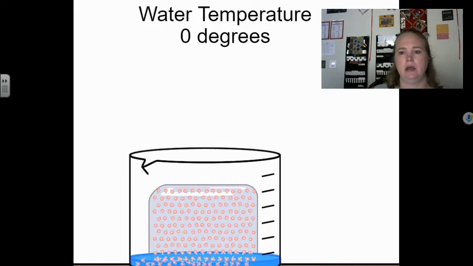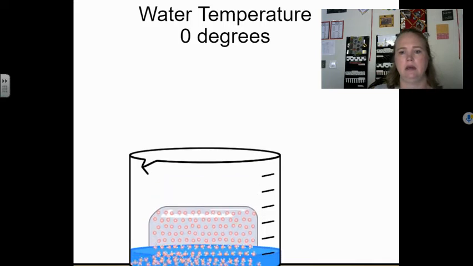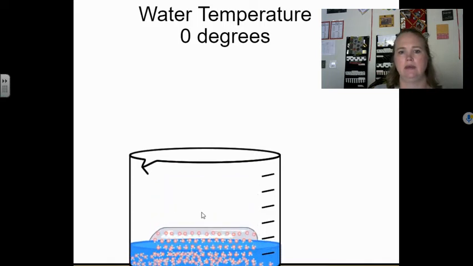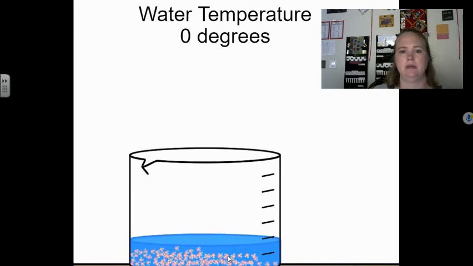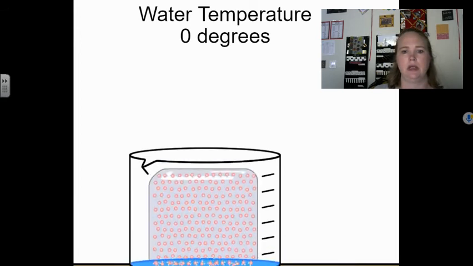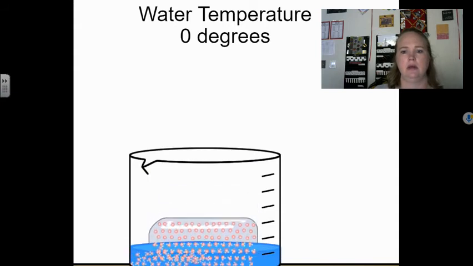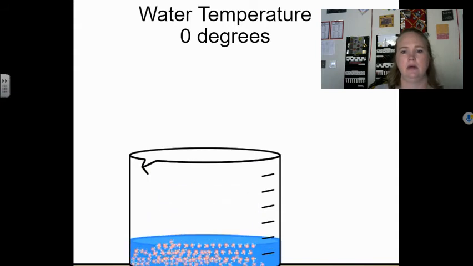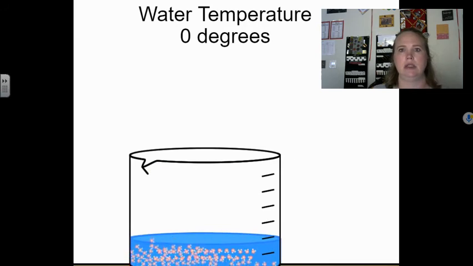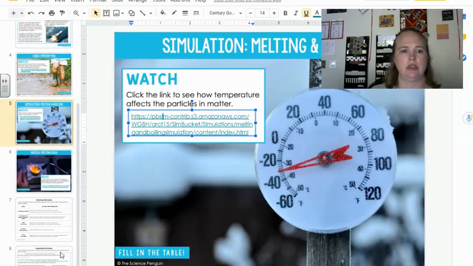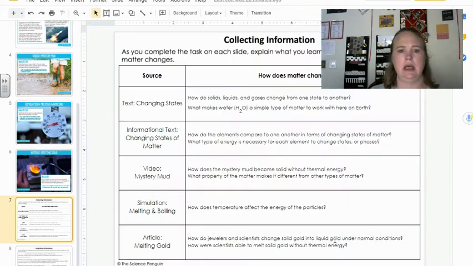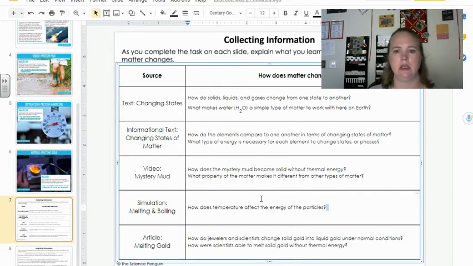It's got a pause, it's got a play button, and you can kind of see what's happening here. You can start it over again. And as you watch it, then you go back and answer your question on slide 7. It asks, how does temperature affect the energy of the particles? Okay, so then you answer that.